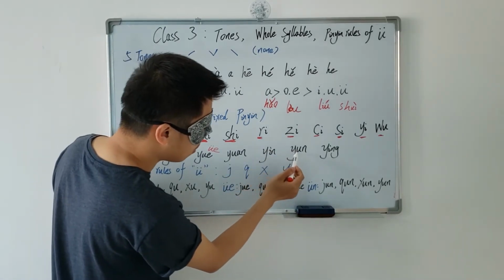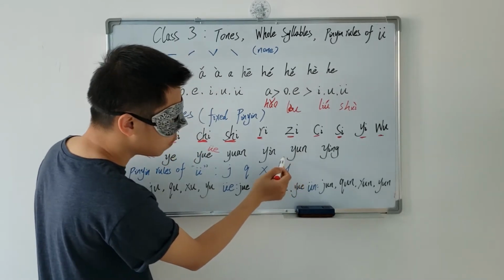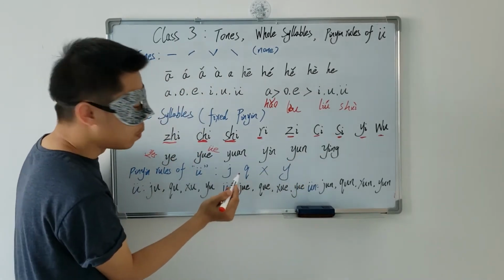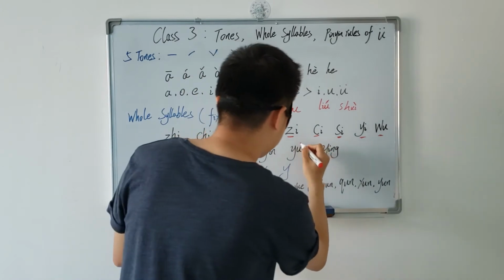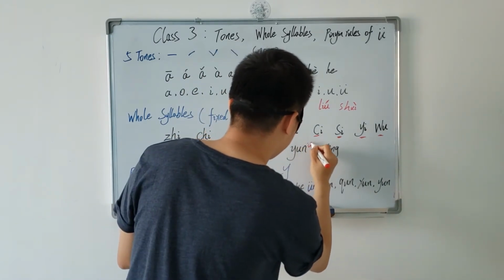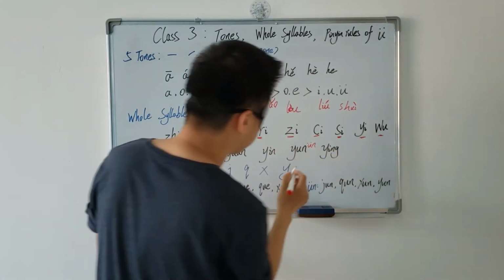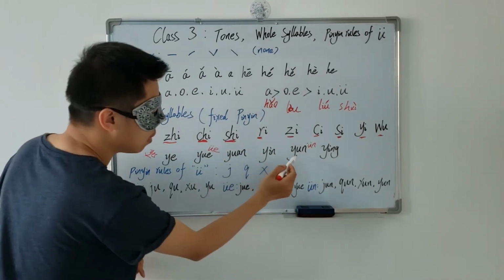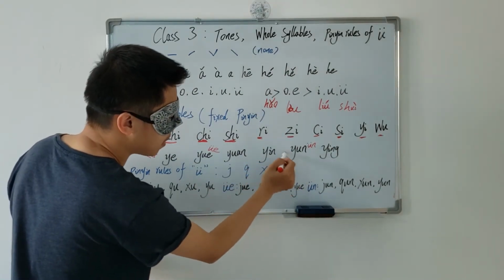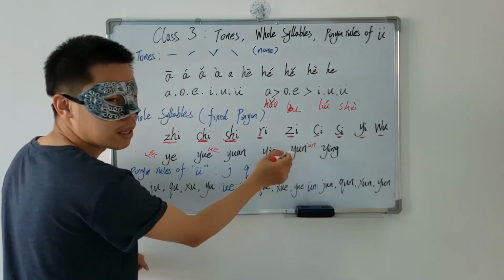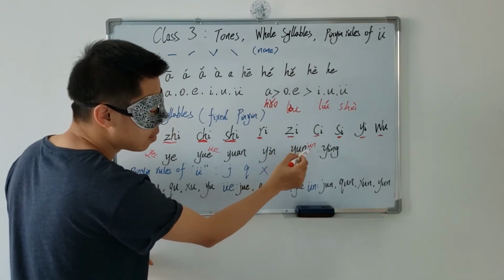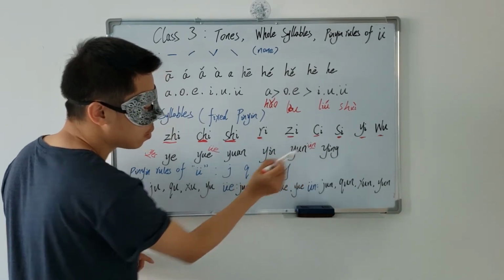The next one is yun. Its pronunciation is the same as this fixed final. Yun. This fixed pinyin's pronunciation is the same as this fixed final, yun.